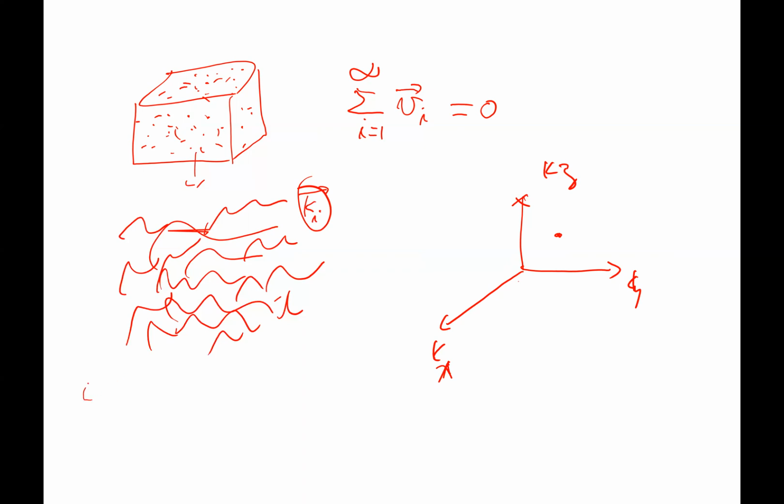For example, if you have a very long wavelength, then remember, k equals 2 pi over lambda. So when the wavelength is very large, k is very small, so it's near 0. And then when we have a shorter wavelength, k will increase.